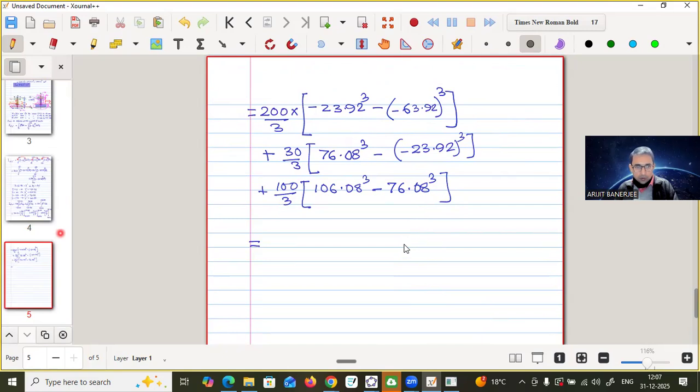6, 7, 7. 1.64 into 10 to the power 7 plus 4.54 into 10 to the power 7. Is it coming to the first? Okay, okay.